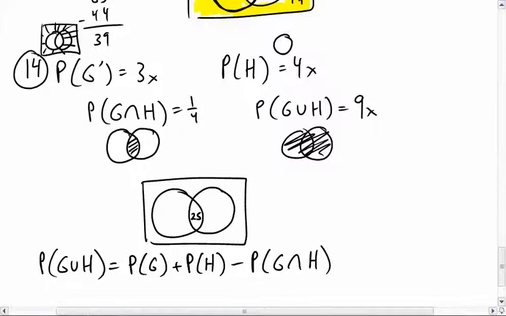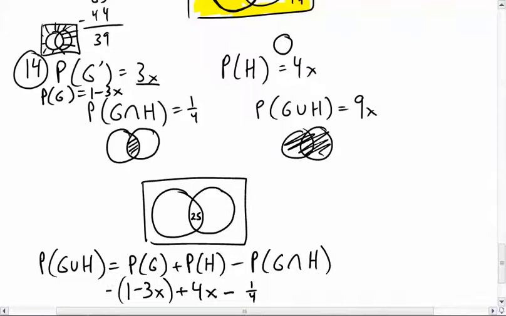Okay. If not G is 3x, that means that G is the opposite, 1 minus 3x. Because G and not G have to add up to 1. So G is going to be 1 minus 3x. Exactly the opposite of not G. H is 4x, and the intersection is 1/4.